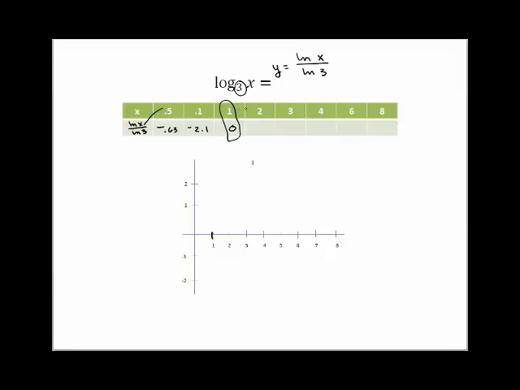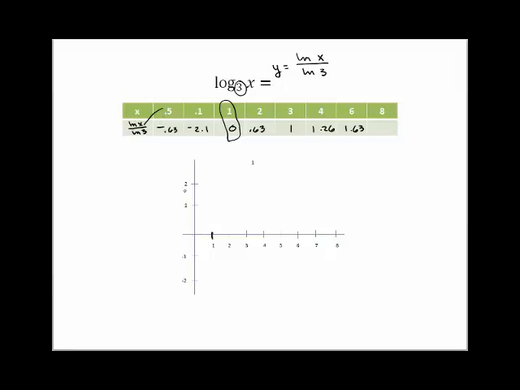So for number 2, I got about 0.63, and for number 3 I got 1, and for number 4 I got 1.26 and 1.63. You'll have to stop and verify all these numbers, but I think you'll get the idea of how the graph goes by looking at this selection.